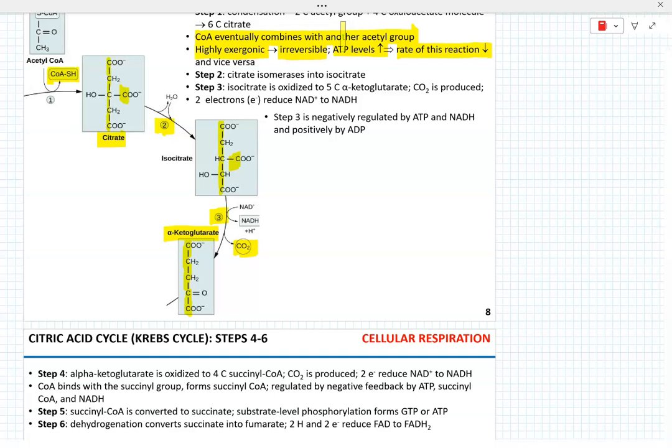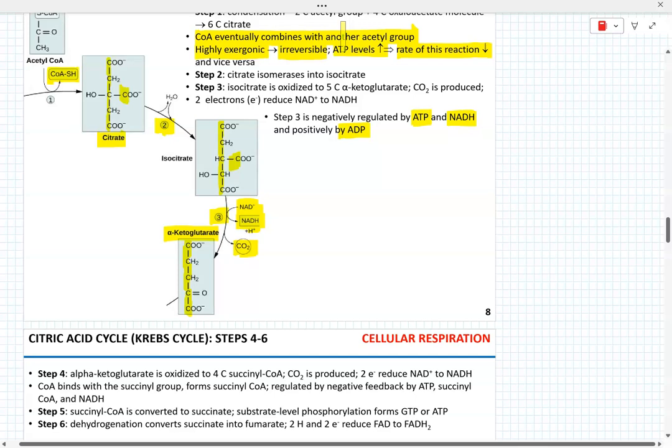The electrons that are removed from the molecule of isocitrate are loaded on NAD+, producing another molecule of NADH. This step is negatively regulated by ATP and NADH, meaning that when levels of either ATP or NADH in the cell rise, this process slows down, and therefore the entire aerobic respiration slows down. Conversely, an increased level of adenosine diphosphate speeds up step 3.